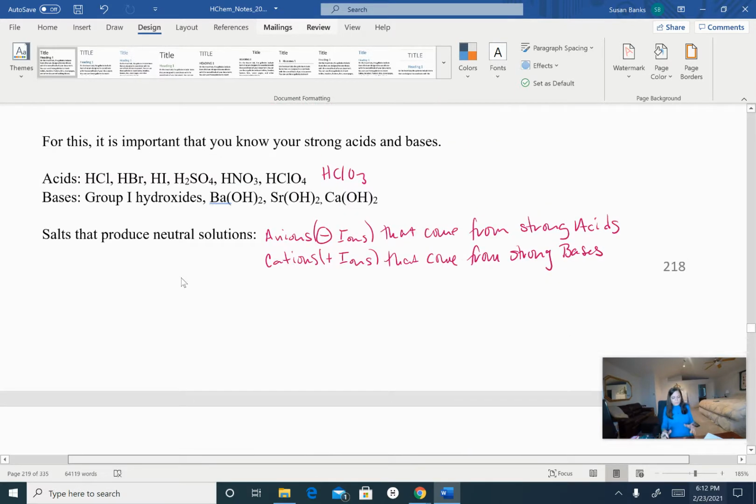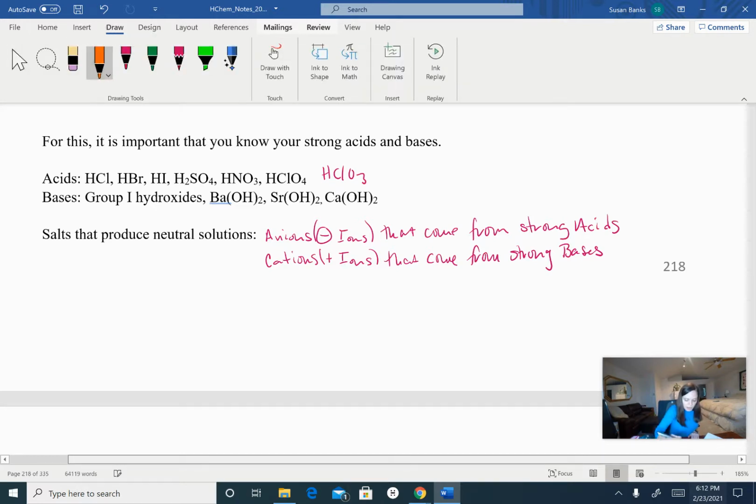So now that we've got them defined, let's give you some examples. I'm going to give you a neutral salt here really quickly. Sodium chloride is a neutral salt, and let's see why. Let's just take the various ions. If I have sodium and have it react with water, and we're going to think of water as HOH here, what part of the water molecule is the sodium going to be attracted to?